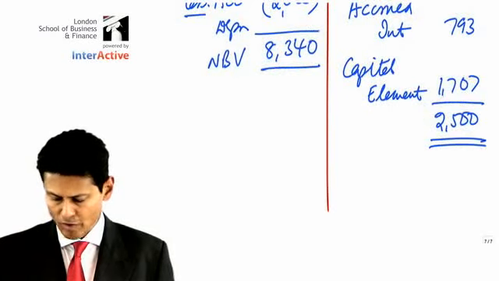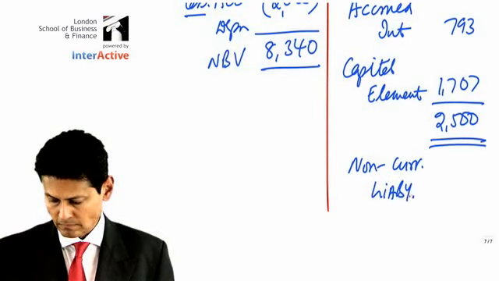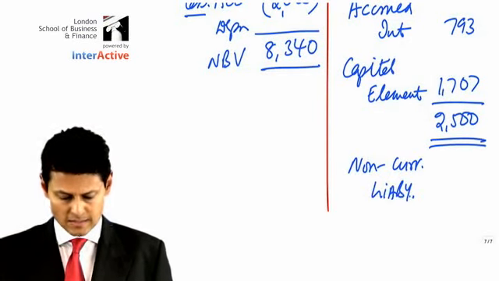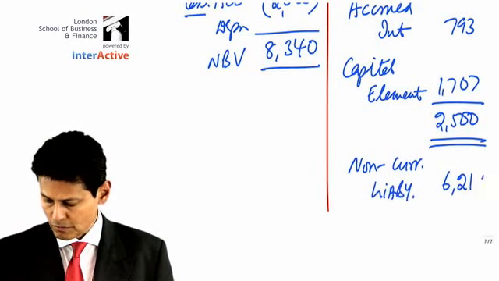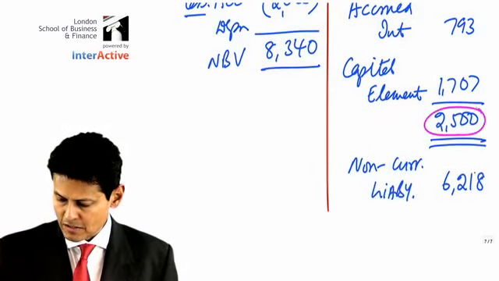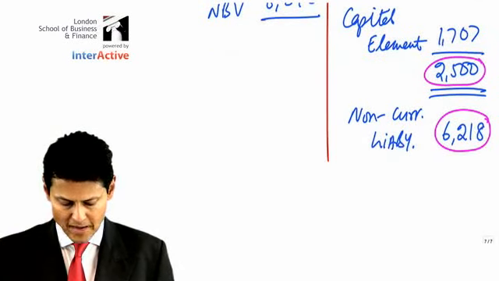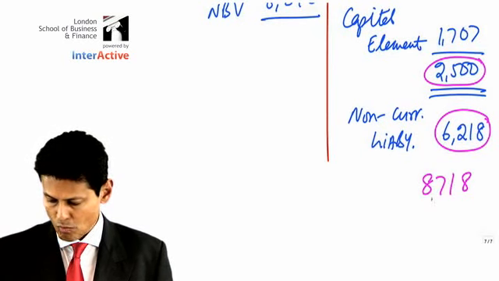And as we did before, the non-current liability is 6218. Please, would you add 2,500 to 6218? And that grand total, of course, is 8718.